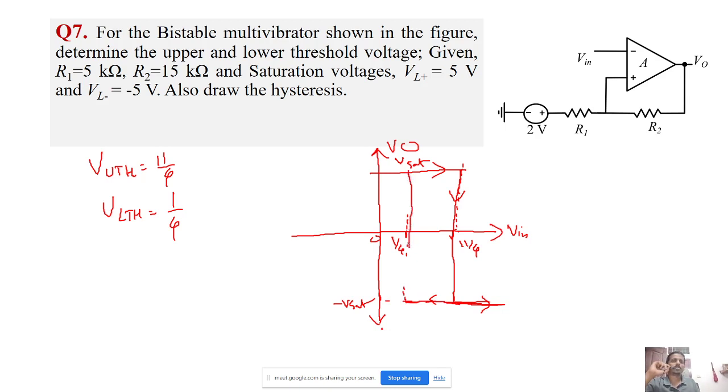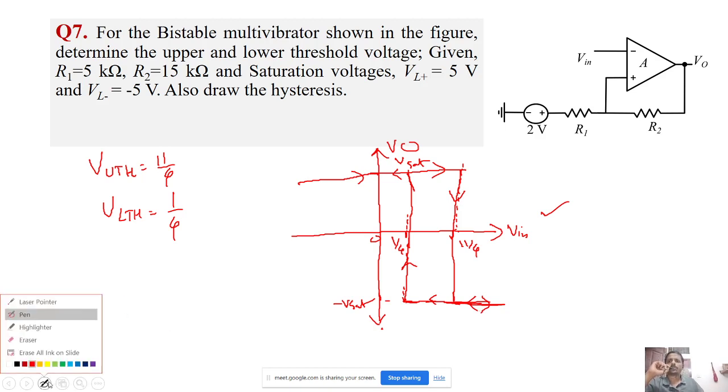Again the output will change to V sat, like this. And for all voltages lower than this, the output will be V sat. Again on increasing, it will follow this path. So this is the hysteresis for this bistable multivibrator. Okay, so I guess that's clear.